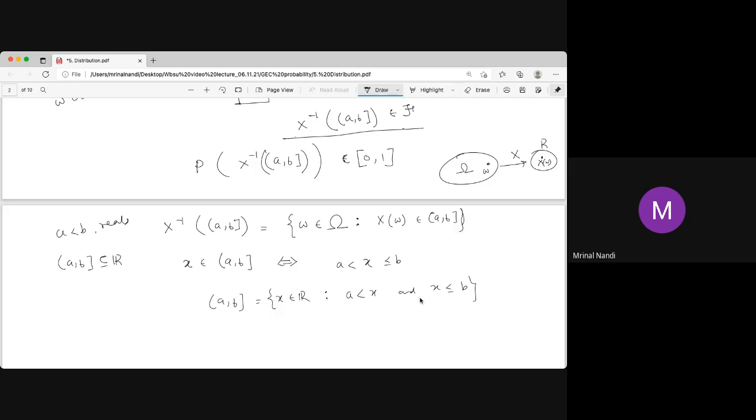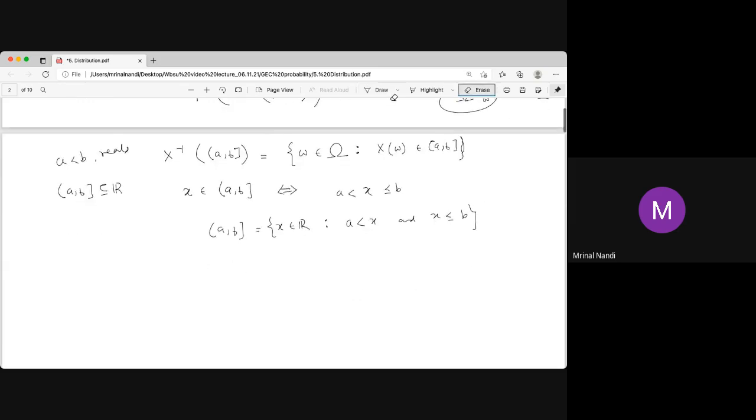That's it. So we can write this set in a different way. How can we write it? We write it like that: omega belongs to omega such that X of omega is between A and B, by the definition of the interval.